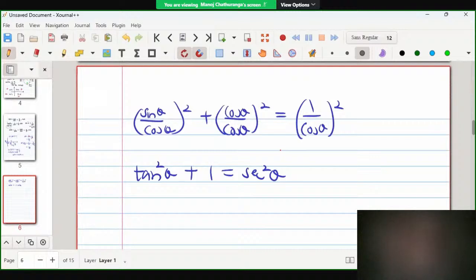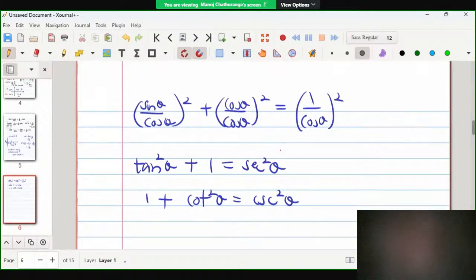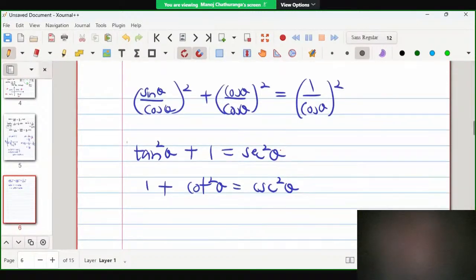Likewise, if you divide everything by sine square theta, you will get 1 plus cotangent square equals cosec square theta. Those are also considered Pythagorean identities for trig function values.